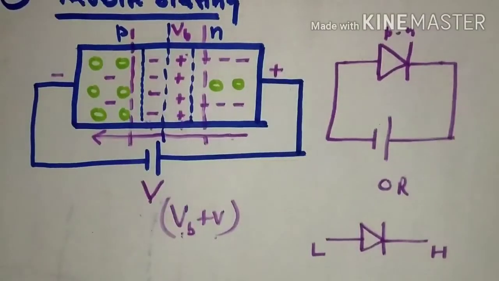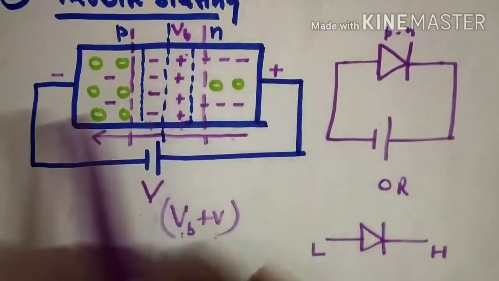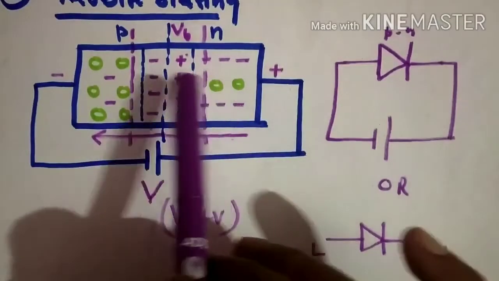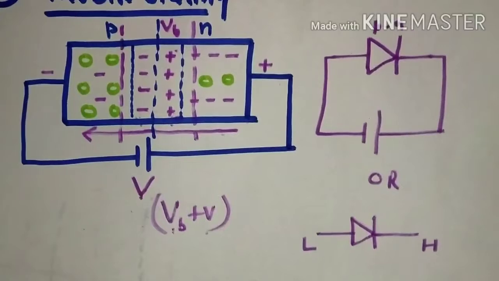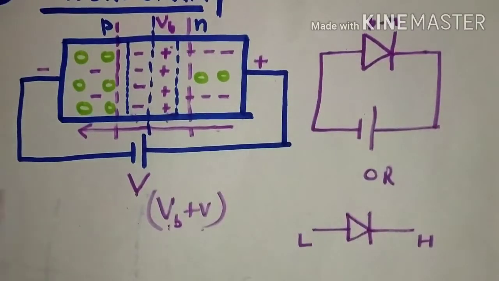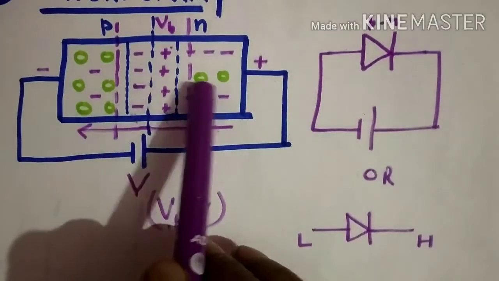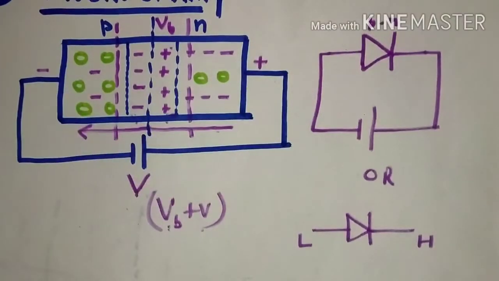And since they are very few in number, the energy of these minority current carriers is sufficient, because of this voltage, to cross the junction.